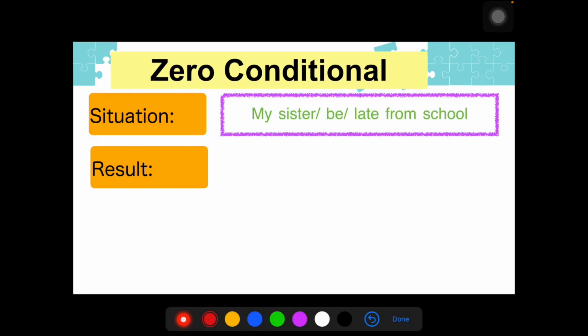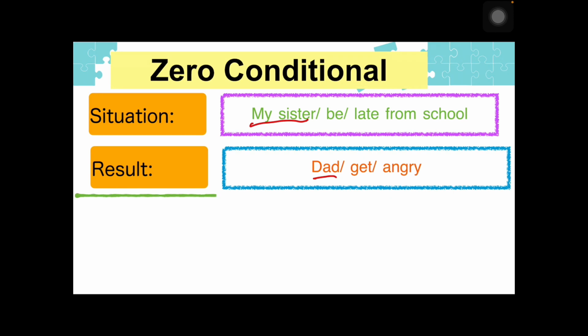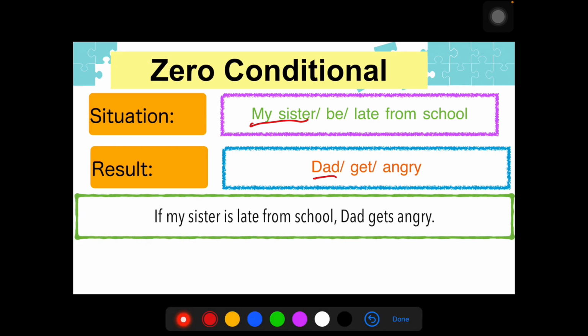There's one more situation. My sister is late from school. Result: Dad gets angry. So both subjects are singular. All right, try it together. The sentence could be, if my sister is late from school, Dad gets angry.